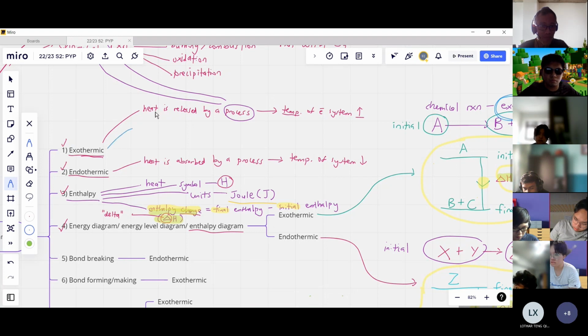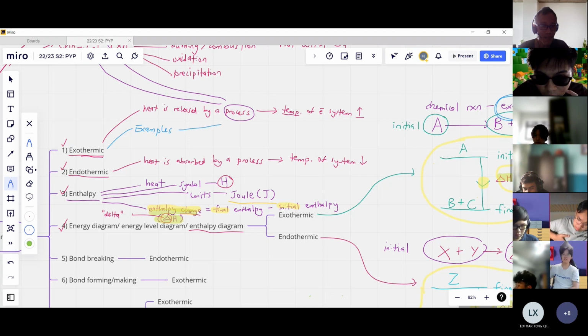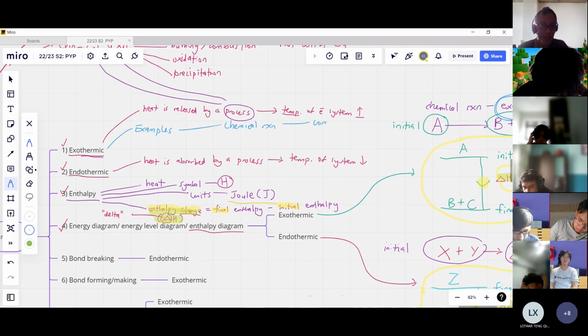Examples, the best example for a chemical reaction is combustion.